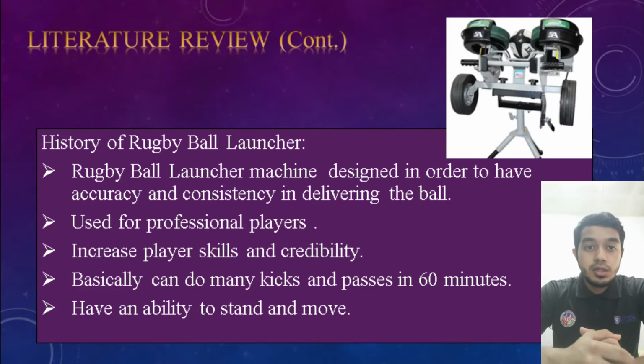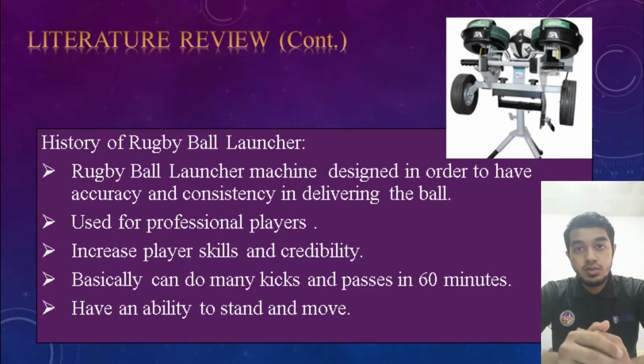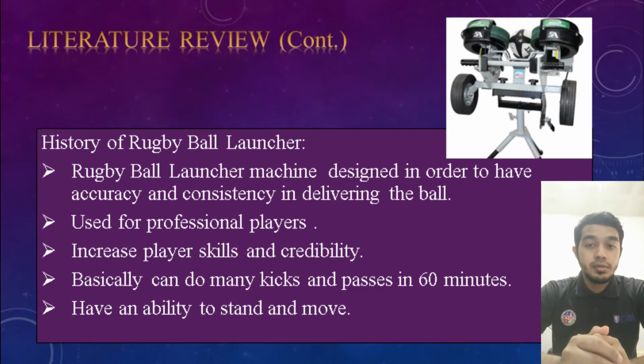It can do many kicks and passes in 60 minutes, so this machine can last for 60 minutes. As we can see in the picture here, the machine has a stance and is designed with two rollers in order to move the machine.